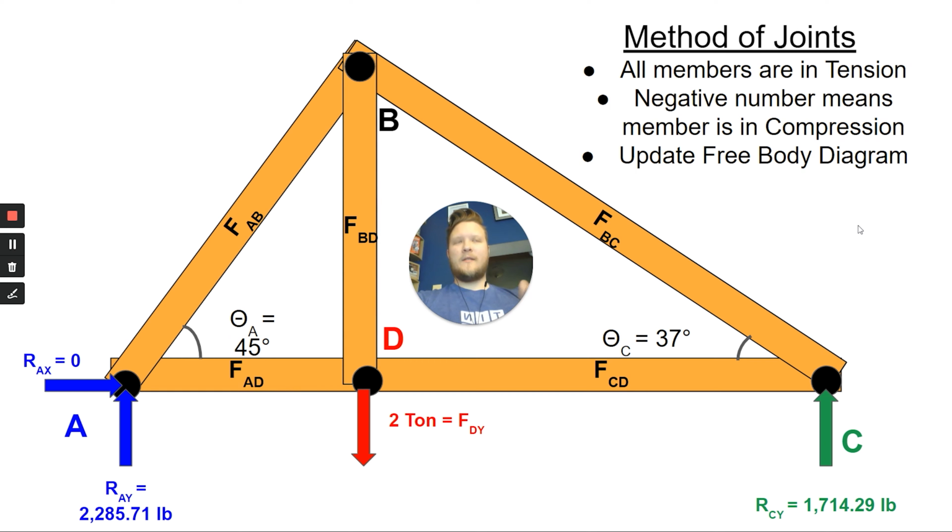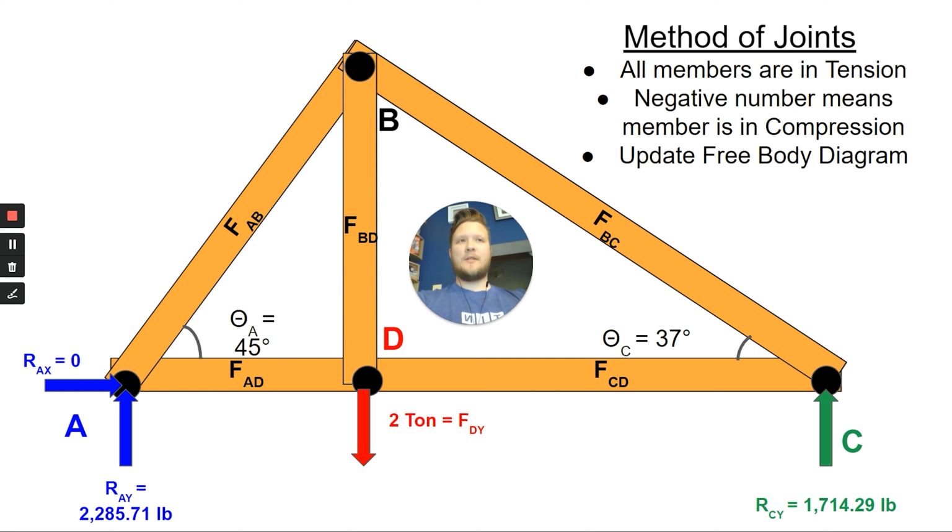So, with the method of joints, we have to make some assumptions for all of our stuff to work. Our assumption is that all members are in tension. You notice how all of my members now have a force: between A and B, between B and D, between A and D, between C and D, and between B and C. If I get a negative number when I solve for any of those, that lets me know that my assumption was wrong, and this is compression, not tension.